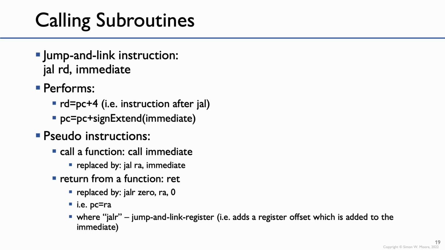Return gets expanded out into a JALR, where the destination register is register 0, x0, the register that specifies where we're going to is RA, the return address, and the immediate offset is 0. So basically all this does is set the program counter to be whatever value is in the RA register.